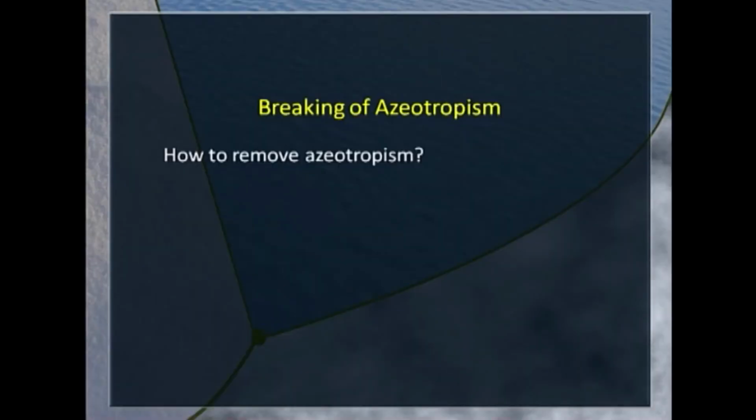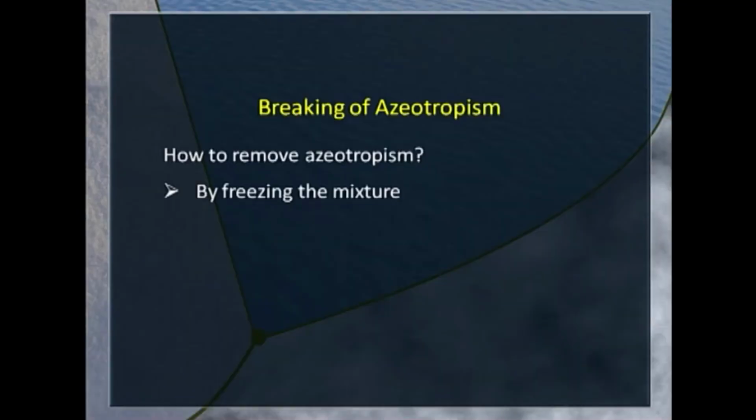But then the question arises, how to remove azeotropism, because such a mixture cannot be subjected to distillation to separate the two components. We can try various methods. One of them is freezing the mixture so that one of the components present in the mixture may freeze and hence can be separated.